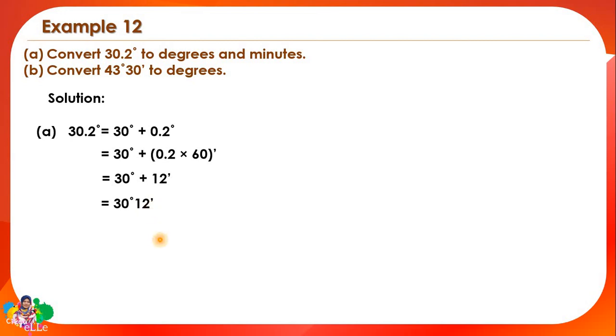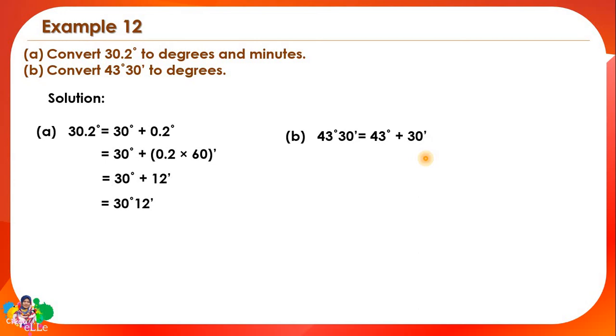Okay, now, question B. Convert 43 degrees, 30 minutes to degrees. Then you separate the degrees and minutes. 43 degrees plus 30 minutes. Then this 30 minutes, you change into degrees. So how do you change minutes to degrees?